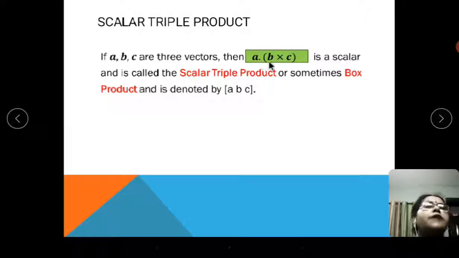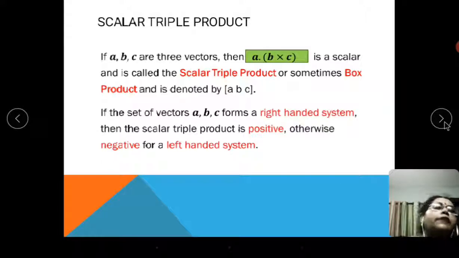And since at the last operation we are using a dot product, it is clear that our result is going to be a scalar quantity. And this justifies the name why this is called a scalar triple product. And this product is also sometimes called the box product and is denoted by [A B C].